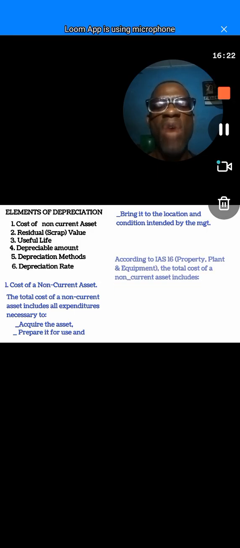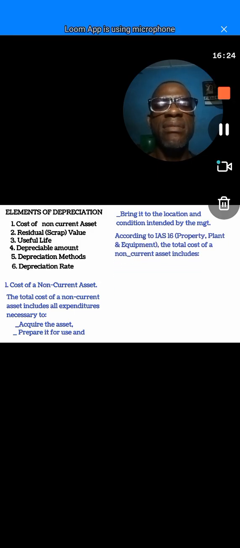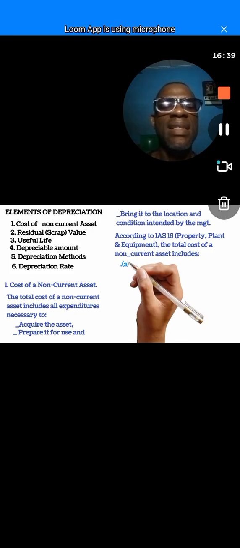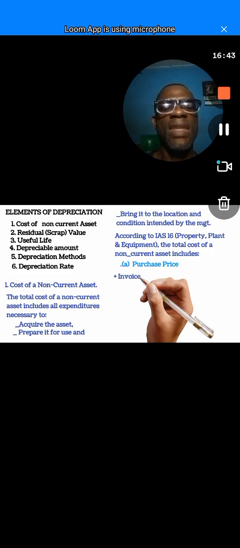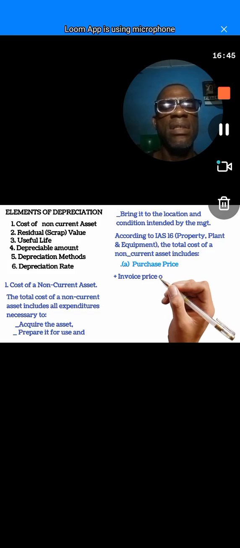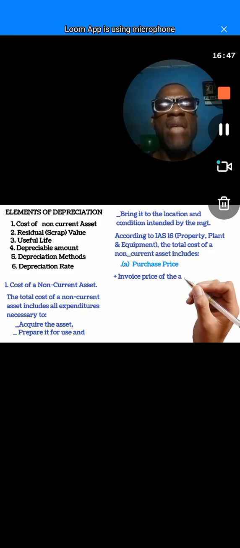But according to IAS 16, property, plant, and equipment, the cost of non-current asset is, one, the purchase price.